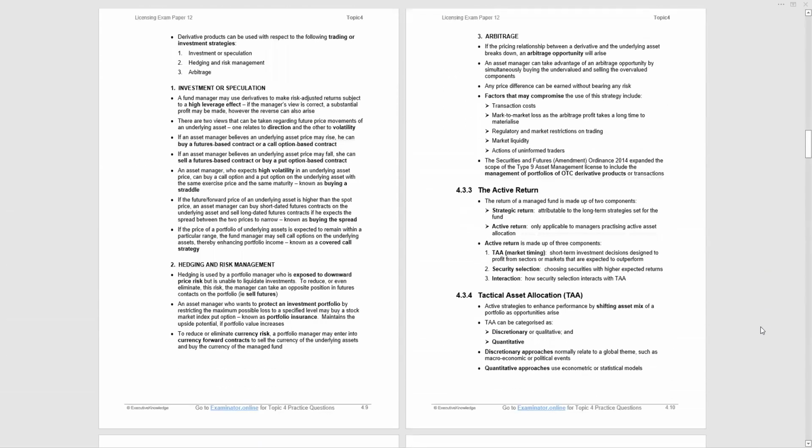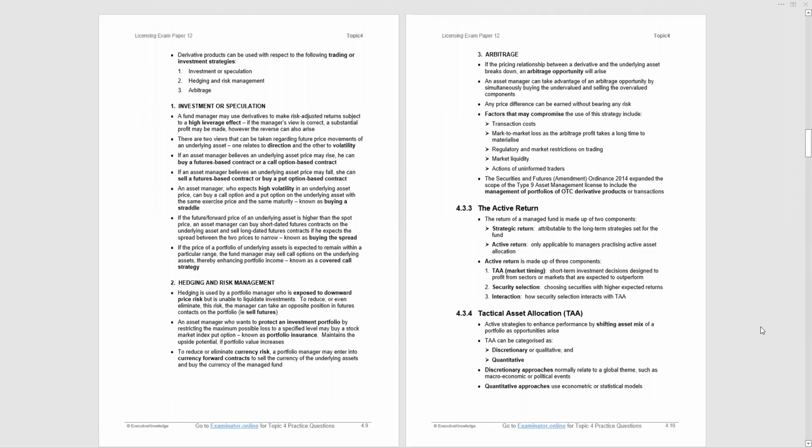So, looking at the bigger picture, derivative products can be used with respect to the following trading or investment strategies. So we're going to consider investment or speculation using derivatives, hedging and risk management using derivatives, and we'll look at shortly the use of derivatives for arbitrage, making a risk-free profit.